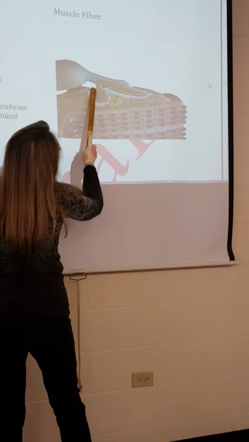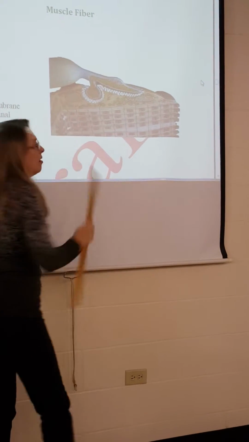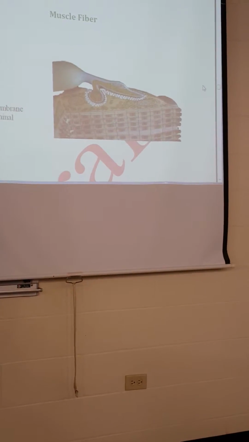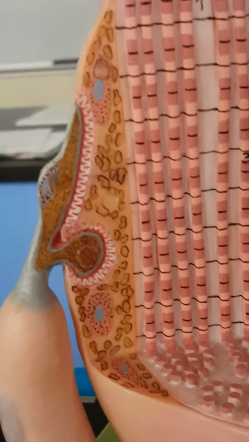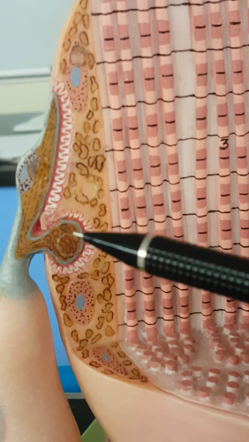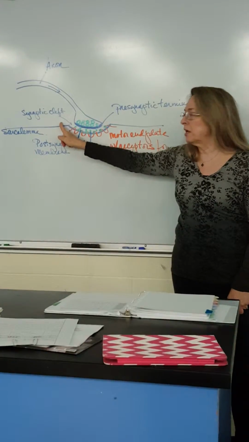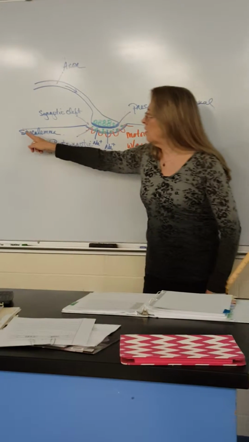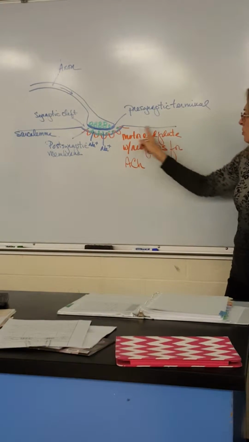There are two of them here of the axon. They're coming very, very close to the sarcolemma, but are they actually touching? No. There's a little minute gap between them. And what is that little minute gap called? The synaptic cleft. So all of this is the sarcolemma.